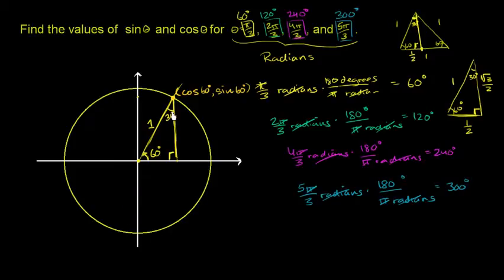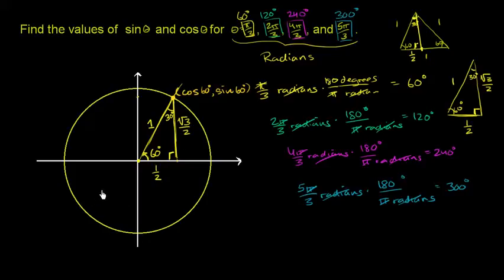It's a 30, 60, 90 triangle. The side opposite the 30-degree side, the shortest side, is going to have length 1/2, just like we saw there. And what's going to be the length of this long side, the side opposite the 60-degree side? Well, in a 30, 60, 90 triangle it's square root of 3 times the shortest side, so it's square root of 3 over 2.